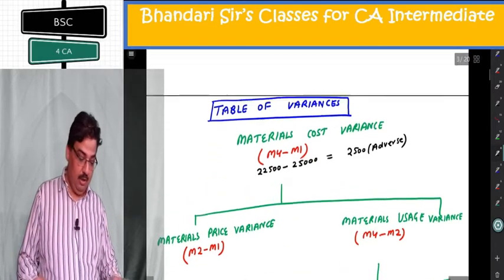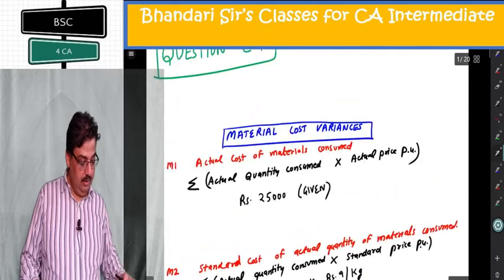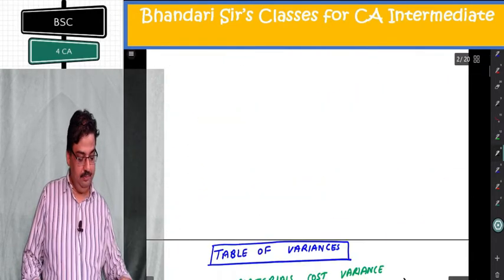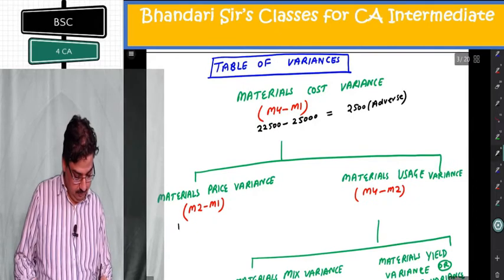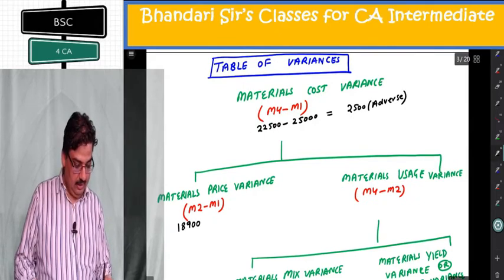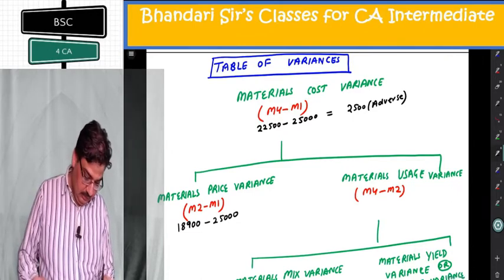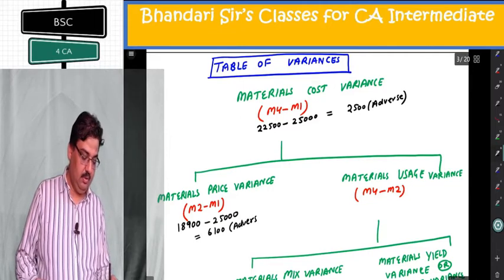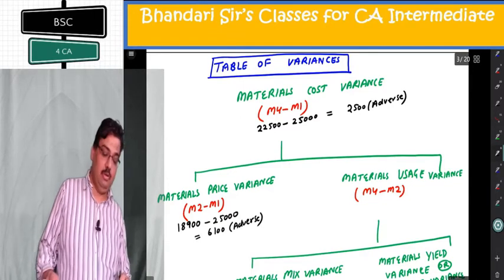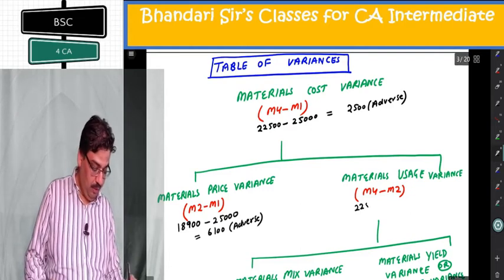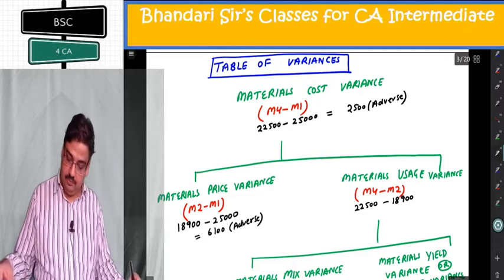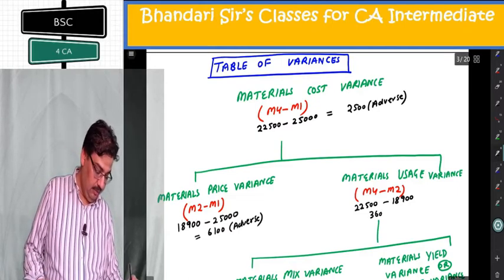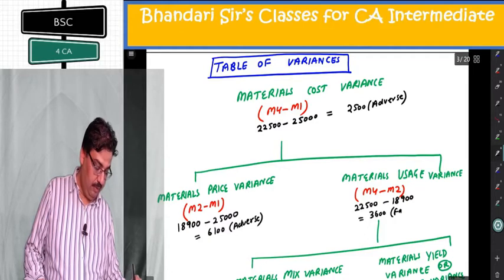M2 minus M1, M2 we computed 18,900. 18,900 minus 25,000, this is 6,100 adverse. M4 minus M2, 22,500 minus 18,900. This is 3,600 favorable.